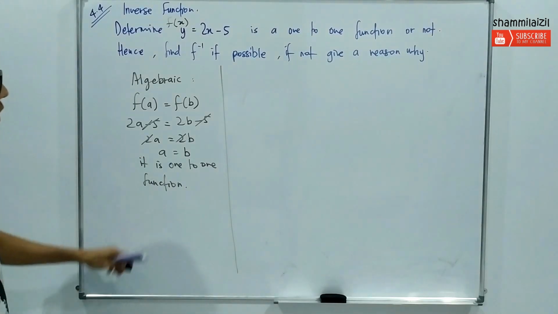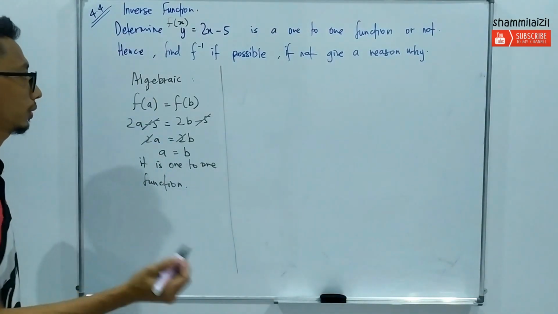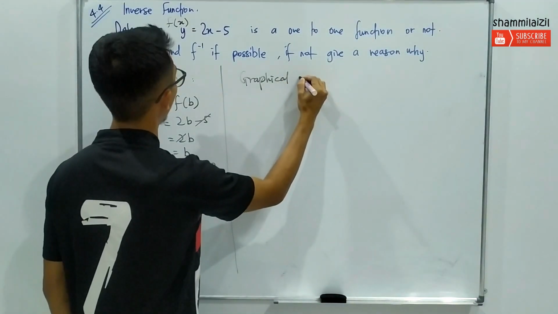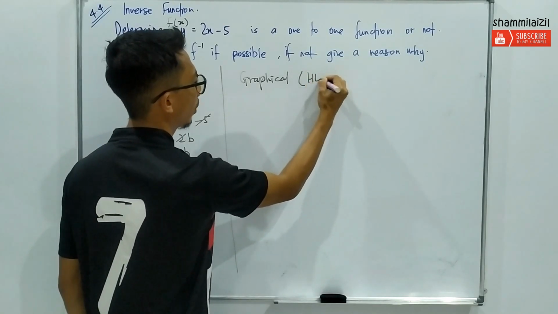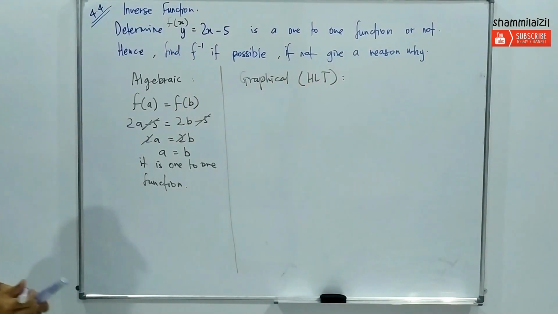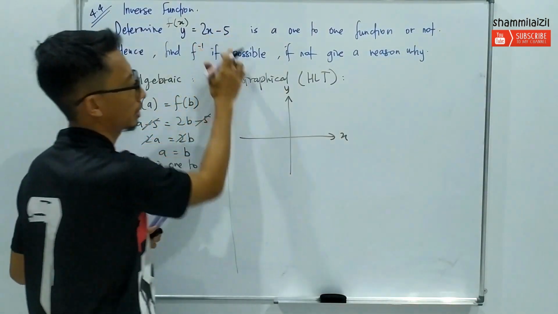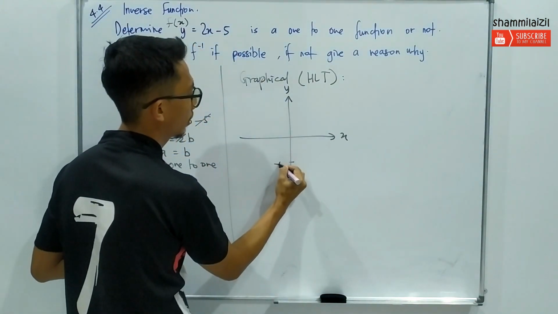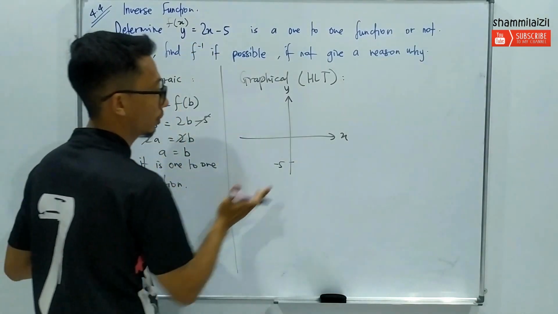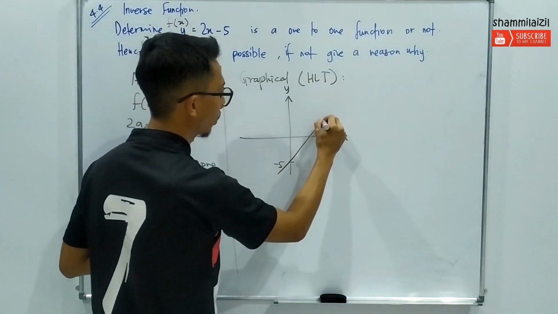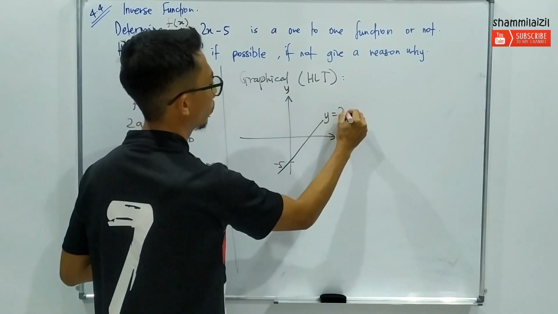But if you didn't wish to proceed with the algebraic method, you can do the graphical method, which means we are doing the horizontal line test. Graphical method, let's draw this one. The y-intercept is minus 5, somewhere here. The gradient is positive, so towards the top right. This is your graph, y equals 2x minus 5.